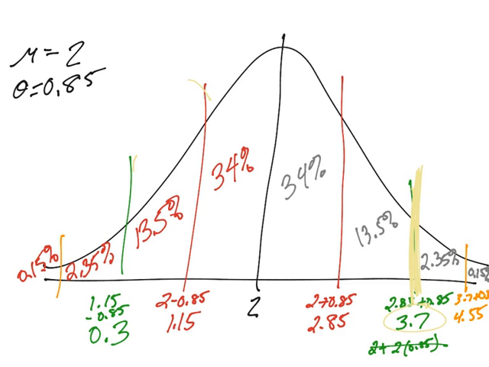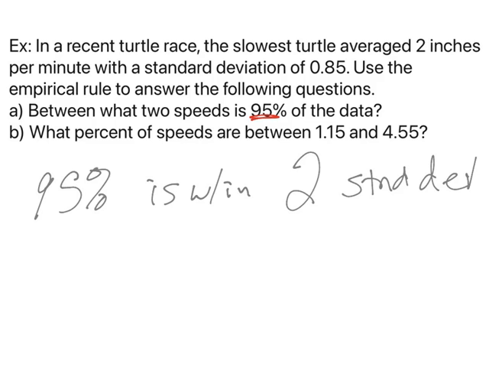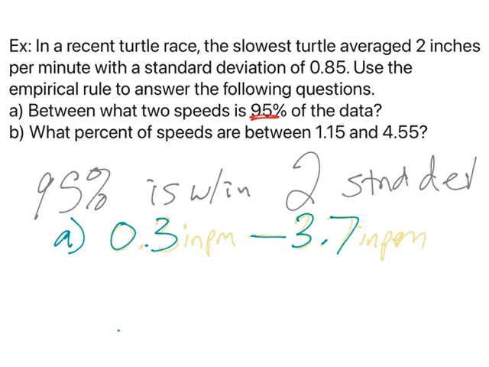And if I go 2 standard deviations on the left, it is 0.3. So 95% would be 0.3 inches per minute all the way up to 3.7 inches per minute. So that's letter A.